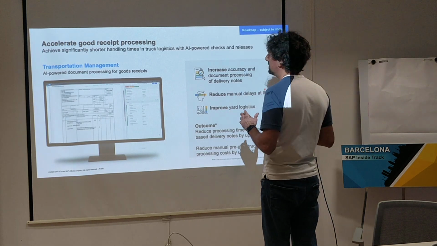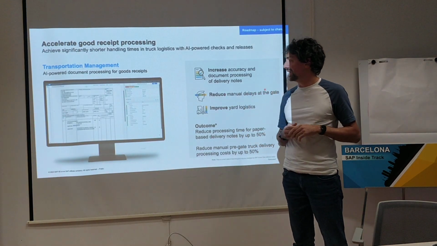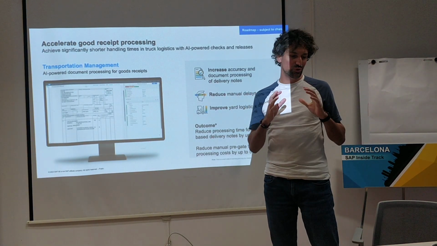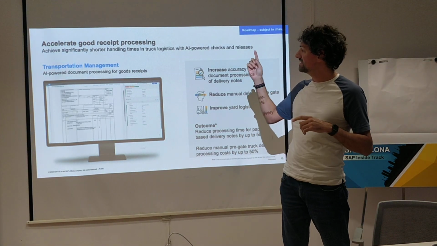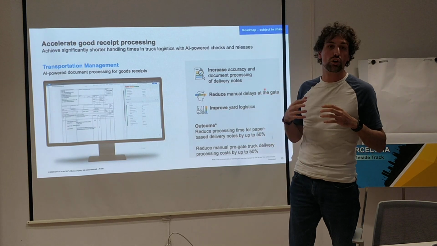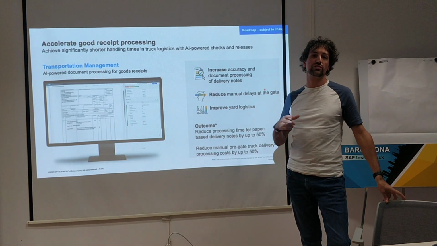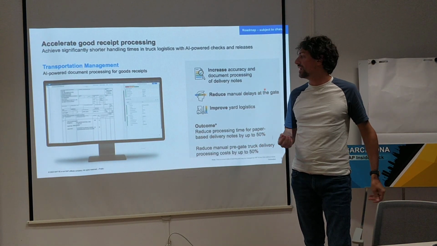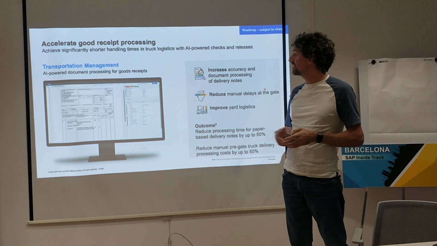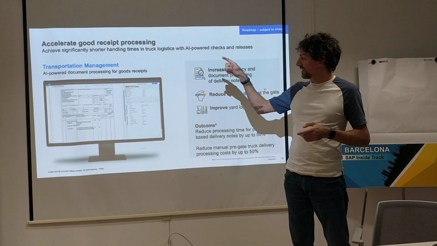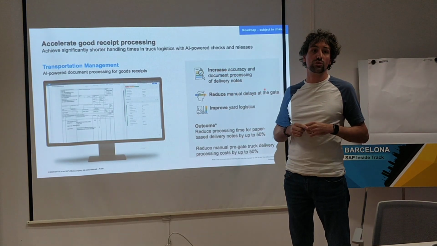Another one with the same timeline is transportation management. In this case, we do something similar to what I will show you now in the example: the processing of documents that are not necessarily structured. They can come from a PDF or even a piece of paper that has been scanned. Here in transportation management we are looking at goods receipts.